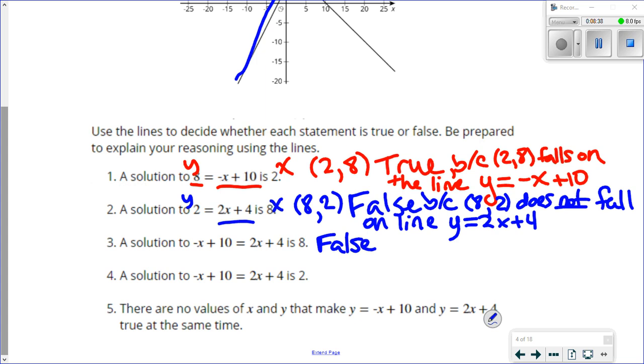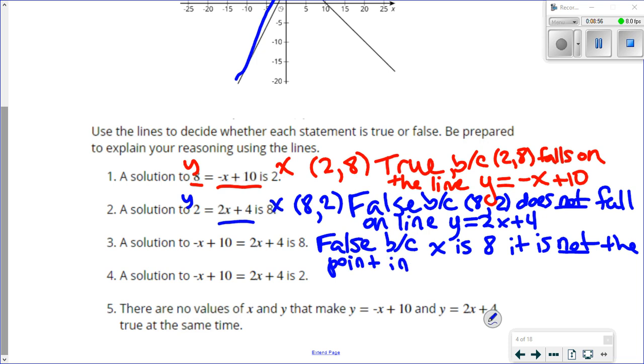because when x is 8, it is not the point of intersection. And it needs to be the point of intersection in order to be a solution to this equation or to this system of equations.